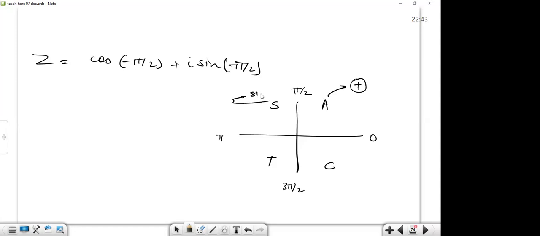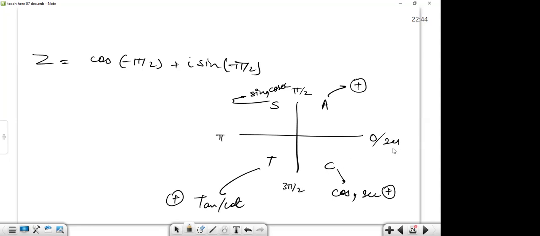Only sine and its inverse function is positive between pi by 2 and pi. Only tan and its inverse function, which is cot, are positive between pi and 3 pi by 2. Only cos and its inverse function sec is positive between 3 pi by 2 and 2 pi. Okay, because 2 pi is equivalent to 0.